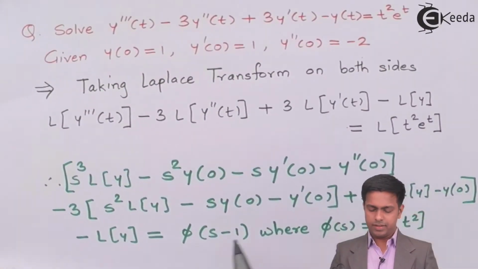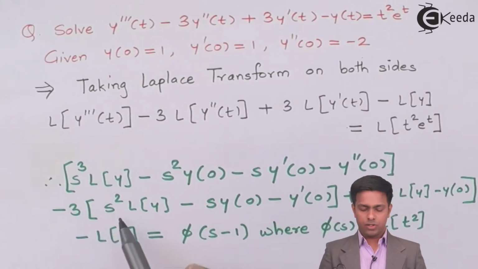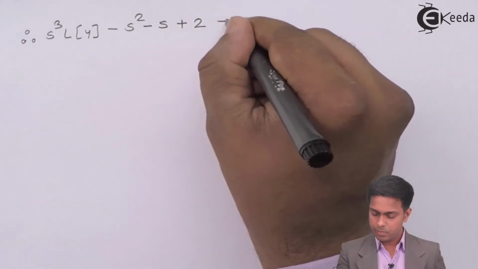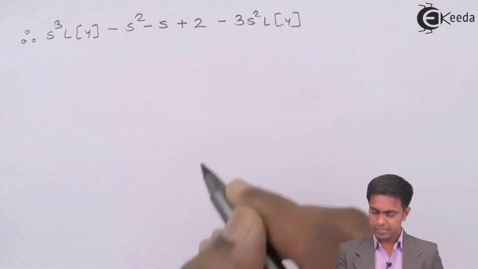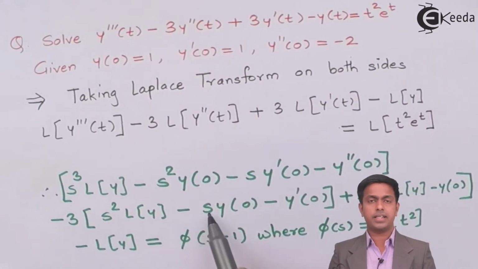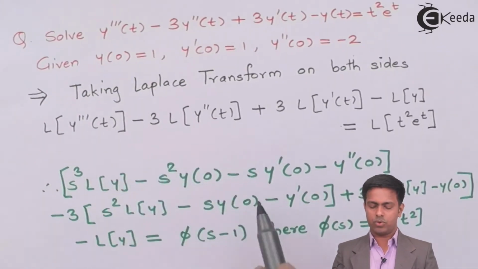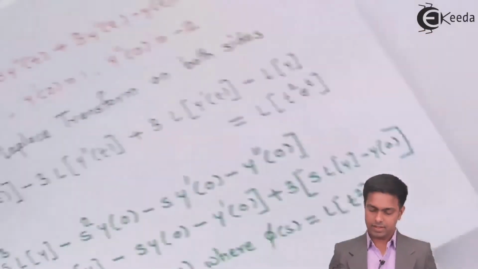Guys, after this, this bracket is being multiplied by minus 3. So the first term will be minus 3s square Laplace of y. Then minus 3 into minus s, that is plus 3s into y of 0. Y of 0 is 1, so that will be positive 3s.